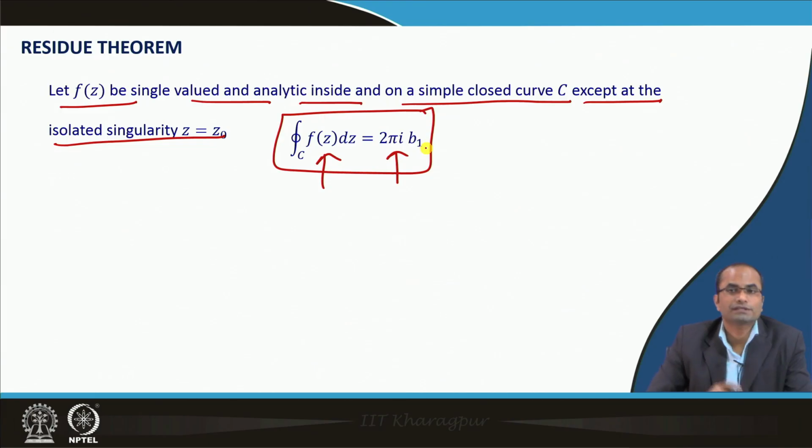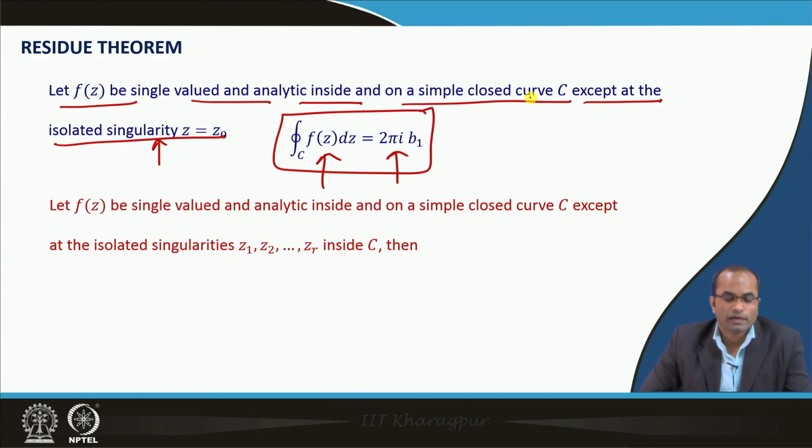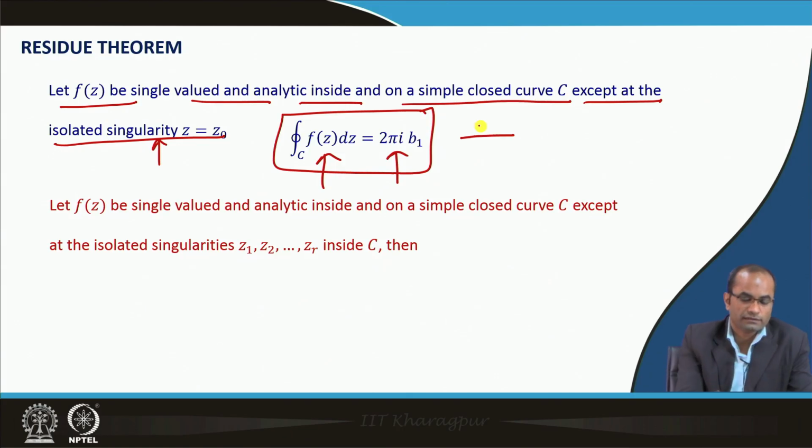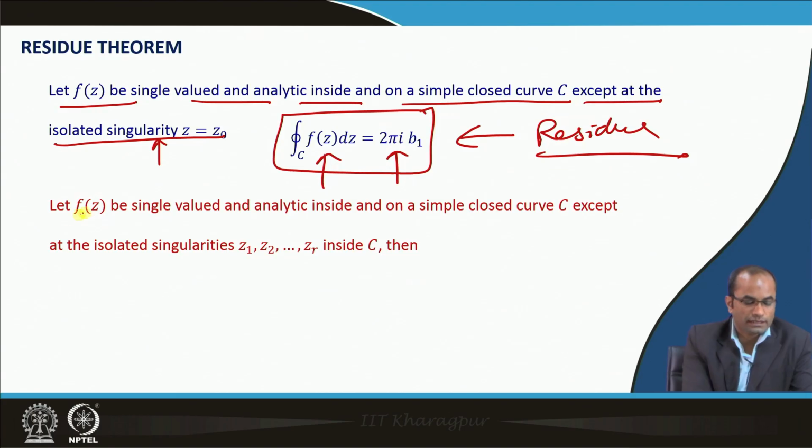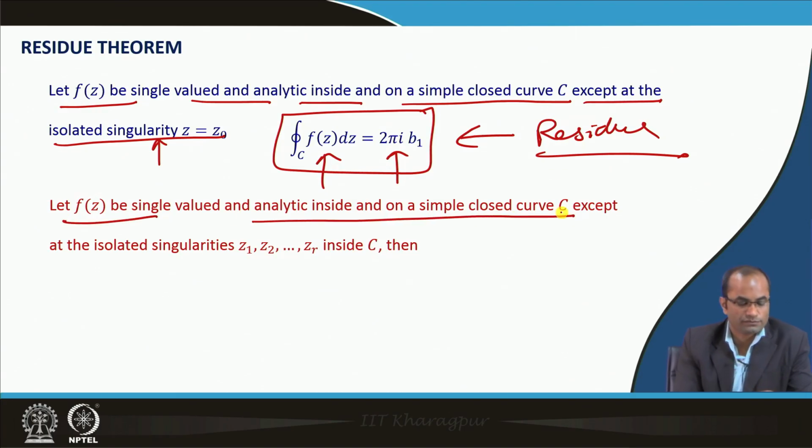This was the situation when we have just one isolated singular point inside the simple closed curve C, but this can be generalized. This is exactly the residue theorem, but we can generalize it: f z is single valued and analytic inside and on a simple closed curve C, except at the isolated singularities z 1, z 2, up to z r.